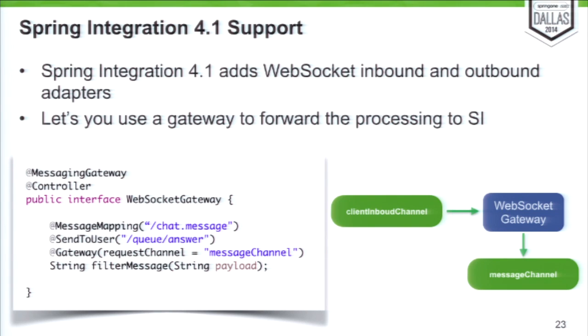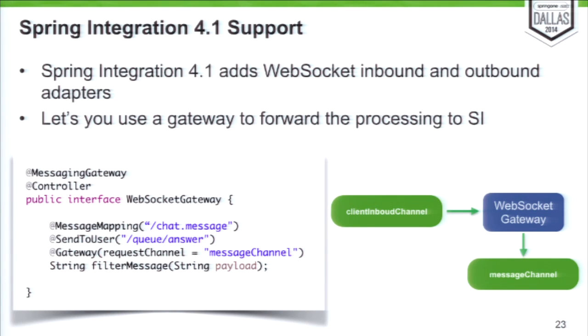The argument here will be sent to another channel, which is basically the entry point to Spring Integration, called message channel. So we forward the processing to a Spring Integration flow, and the response is going to be sent to the destination that we specify here.